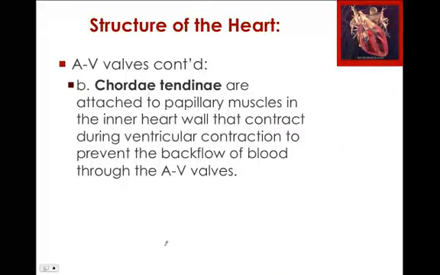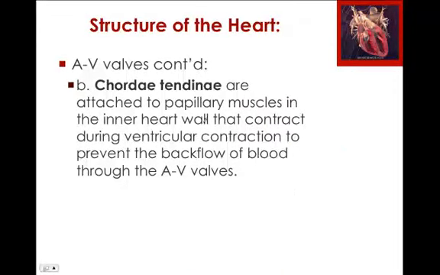So the chordae tendineae, again, are going to be these fibrous connective tissue structures that are attached to the papillary muscles in the inner heart wall. The papillary muscles will contract during ventricular contraction to prevent the backflow of blood through the AV valves.